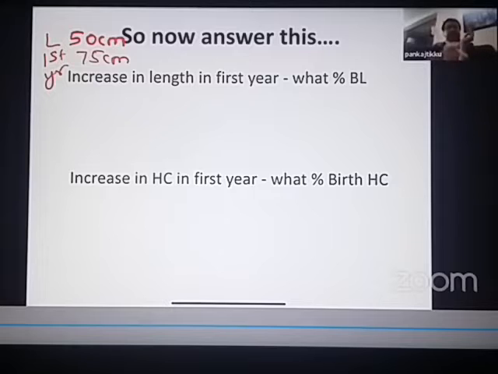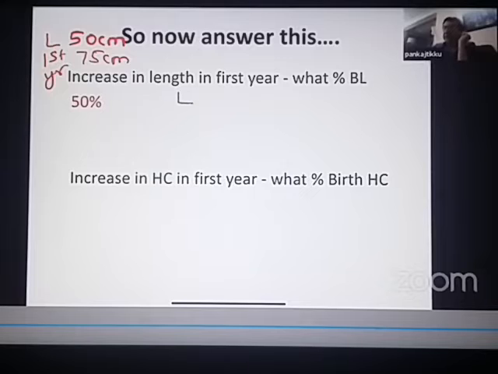So what will be the answer? You are saying length at birth was 50 centimeters and the length at first year is 75 centimeters. So how much increase occurs in the first year? It is 25 centimeters. So can you answer this question? Increase in length in the first year of life is what percentage of the length at birth? Answer will be 50%. Why?